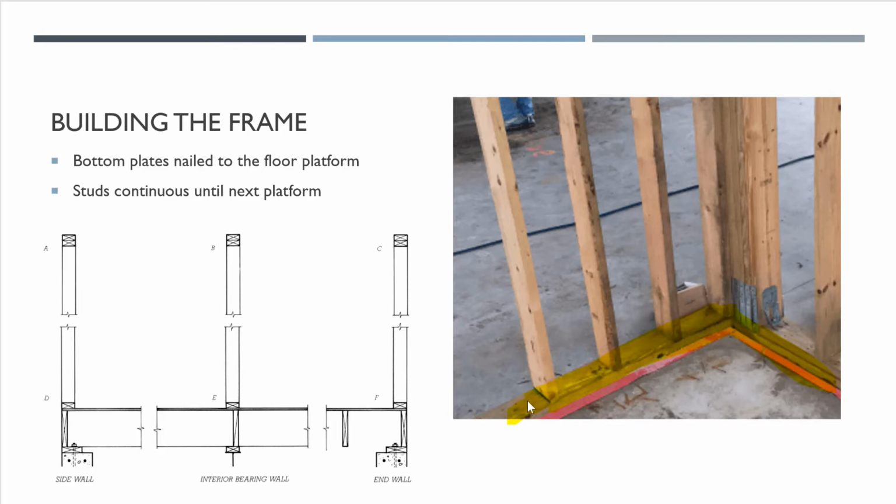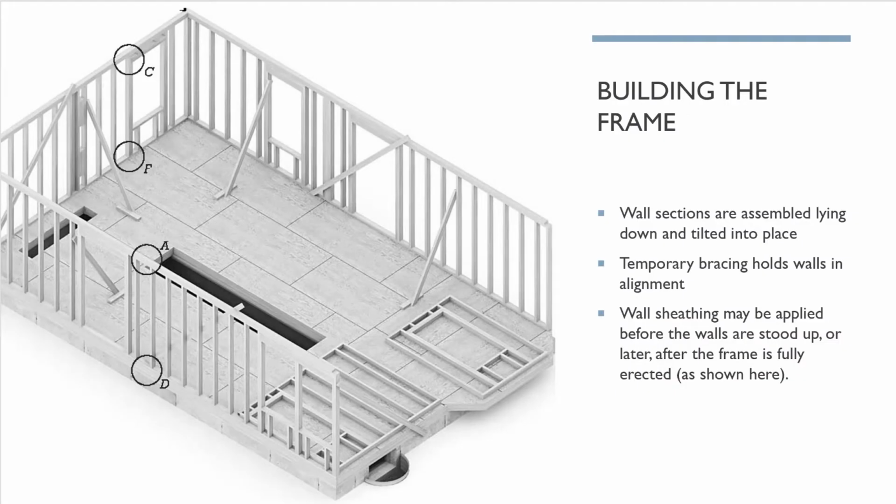Once I have my bottom plate, I typically construct my wall frame lying down, and then I hoist it into place. And just like the slide before, I can hold those in place with temporary bracing, which are those diagonal members that you see.